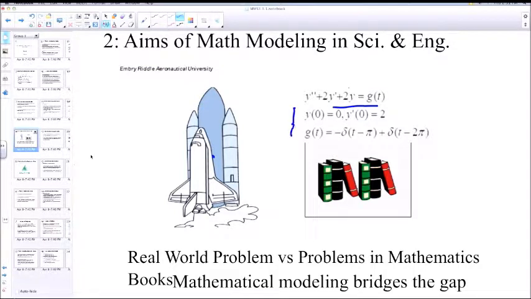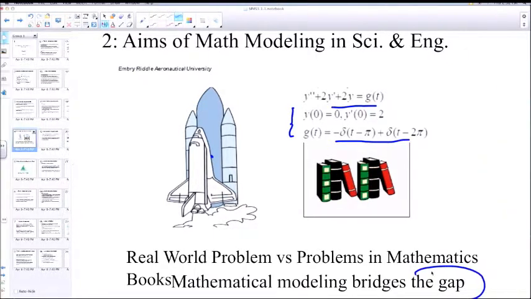And here, if you learned differential equations, we call it a second order ODE, with the initial condition and the Dirac delta function. So our focus on mathematical modeling is on the big gap between the real-world problem and the problem in your textbook.